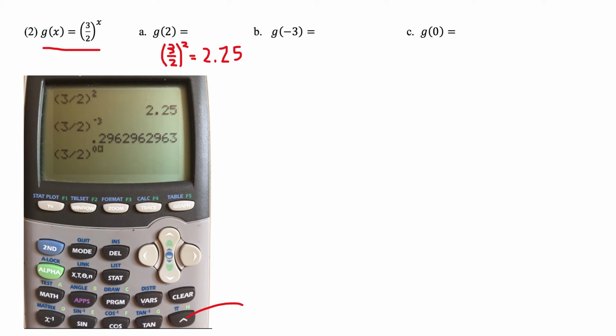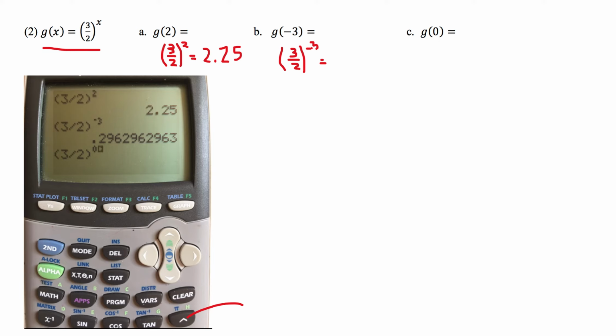The next one we'll enter in the same way, but we've got a negative exponent, so we're going to do 3/2, and we're going to raise it to the negative third power. Now this is quite a long decimal, so instead of writing this entire decimal out, I'm going to do some rounding.